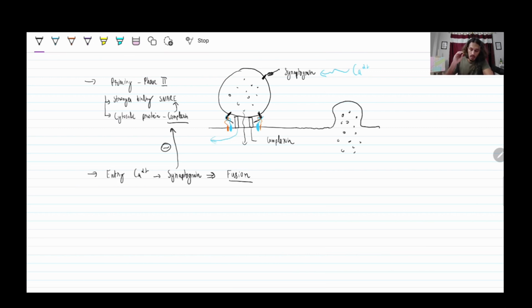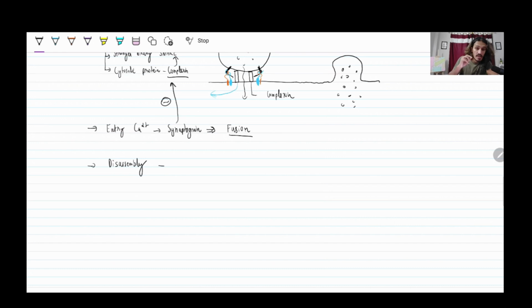Okay, now after fusion it's still not done. After fusion, this is when the step of disassembly is going to happen, and for this step of disassembly, two structures are involved, which is NSF and an alpha soluble NSF associated protein, which is called alpha SNAP.